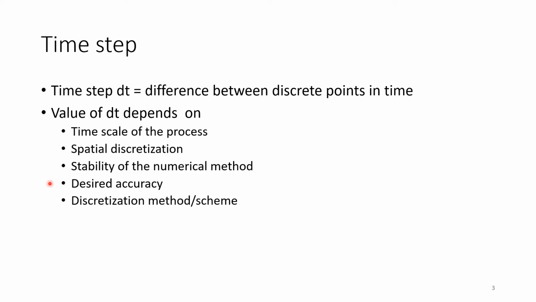Of course, the finer you look at the process, so the smaller the time steps, the more your accuracy is increasing. Why? Because if you remember, you're using some kind of discretization scheme, and maybe it's linear first order.